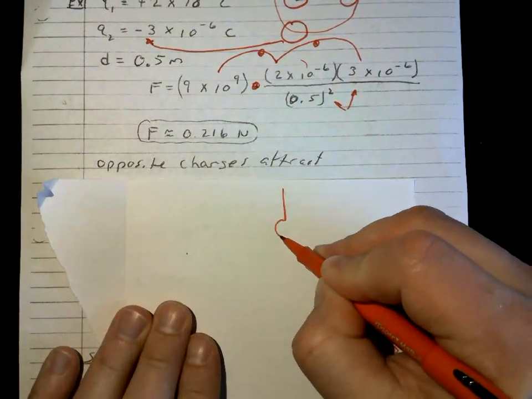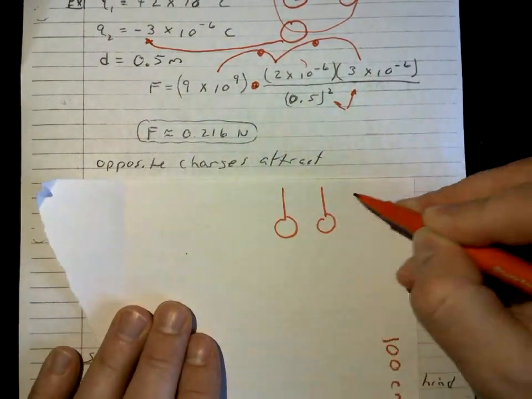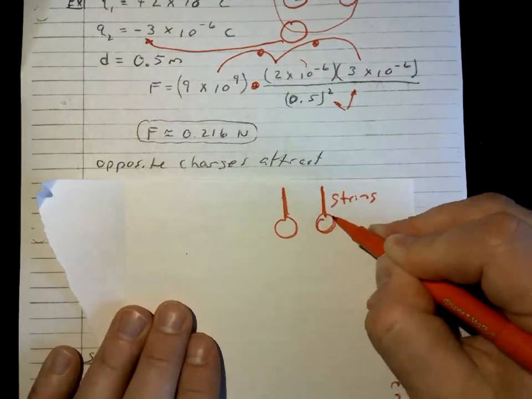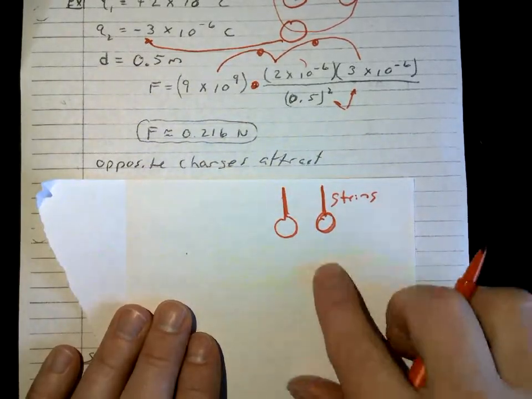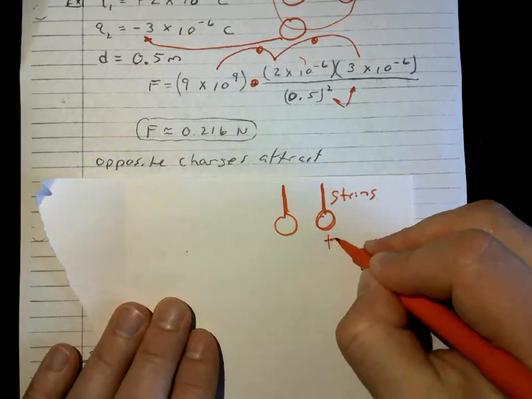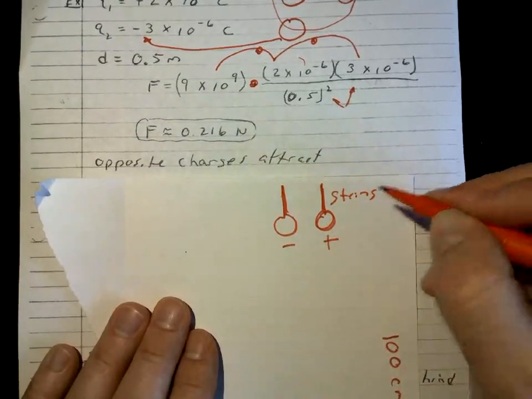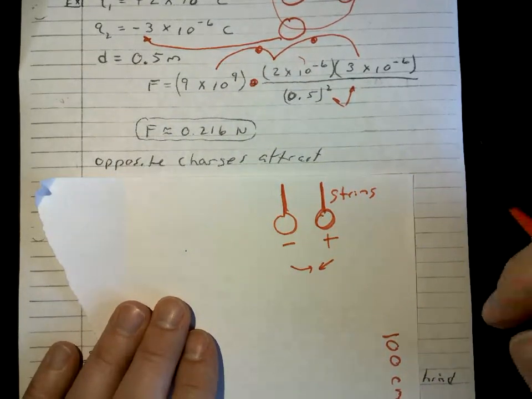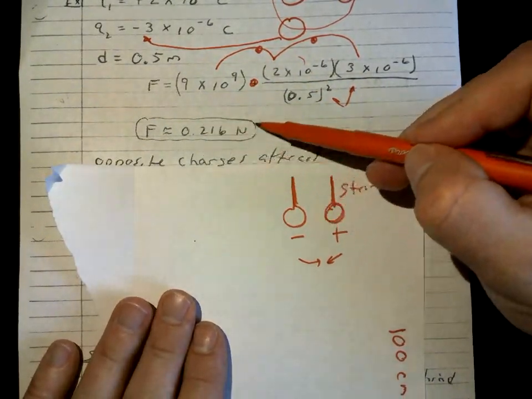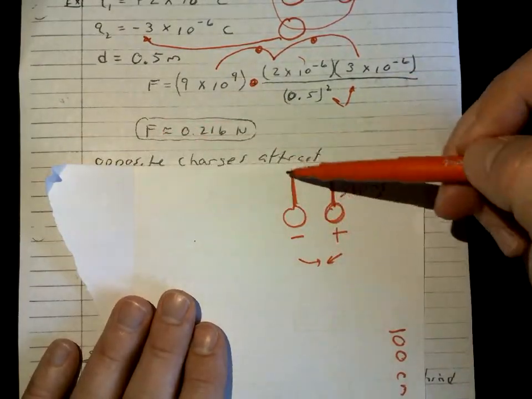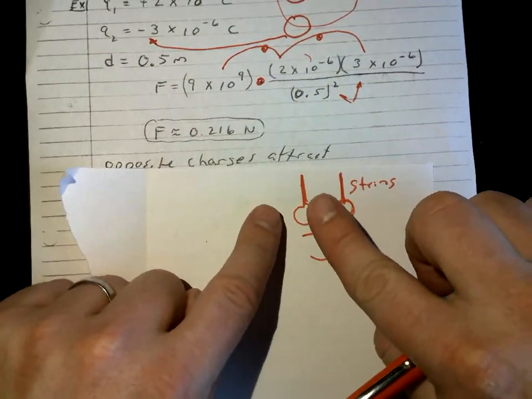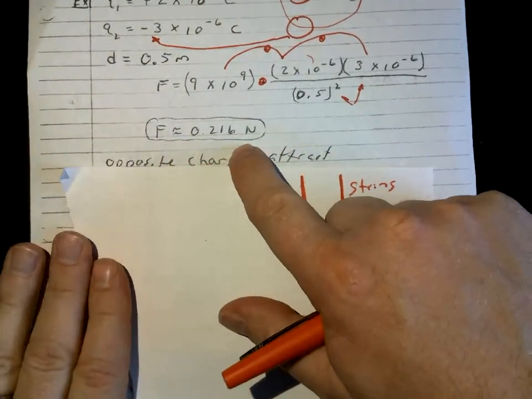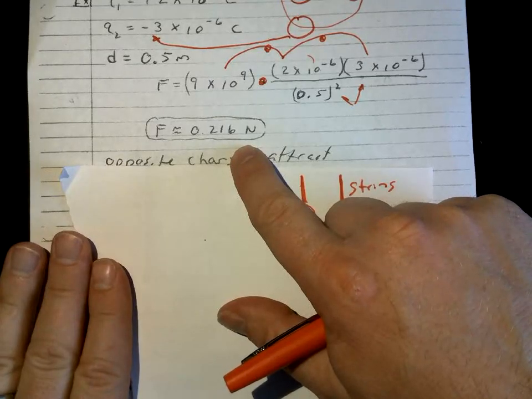If these were two strings with electric charges, one positive and one negative, they're going to attract each other. But they're not going to attract each other so much, because that is not a very big number. If this was a huge number, these things would be like, "Hey, I want you as close as possible," with a lot of pressure. But that's not very much force.